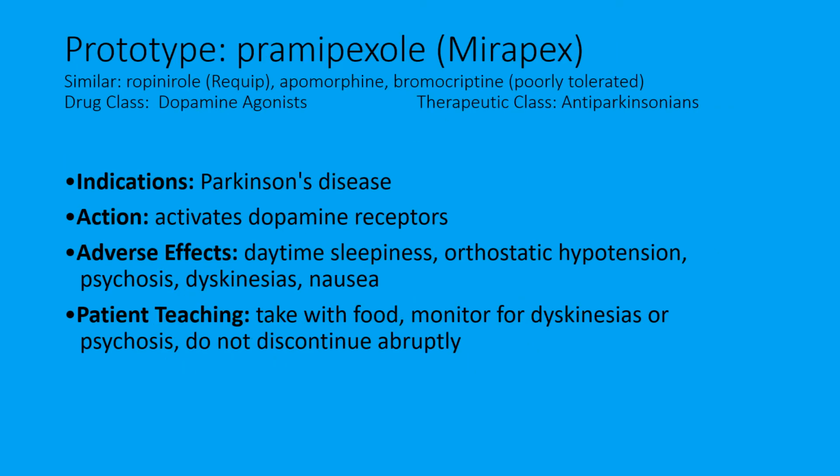Okay, so this next medication, pramipexole, is just a dopamine agonist. It mimics dopamine and stimulates the dopamine receptors. And in that way, it can be effective for Parkinson's disease, and it can also be used for restless leg syndrome, but really the main indication is Parkinson's disease.